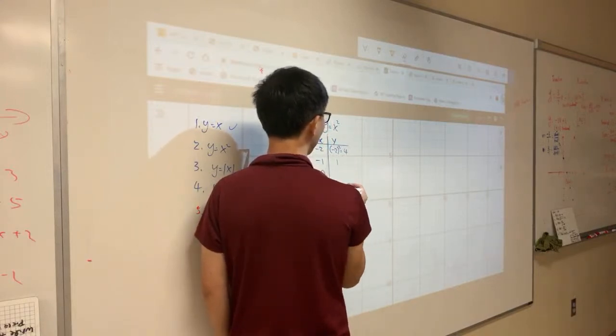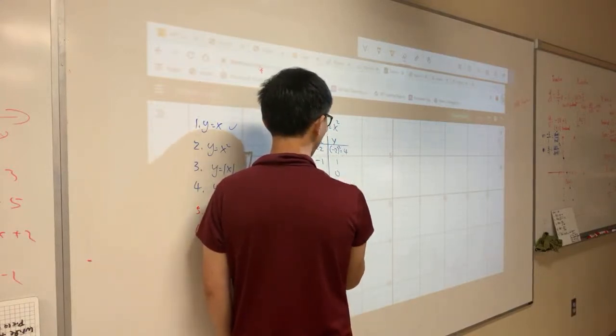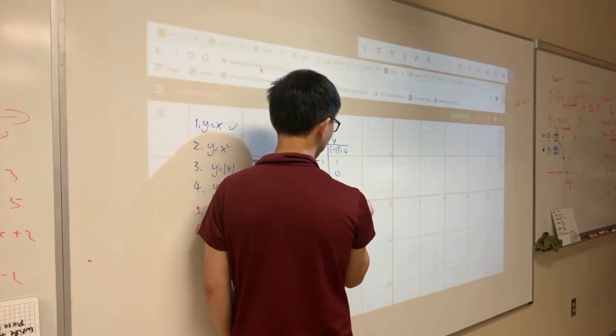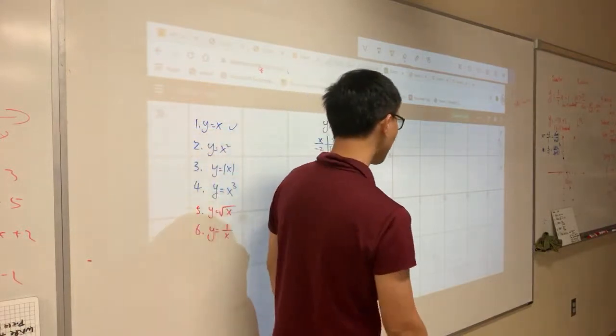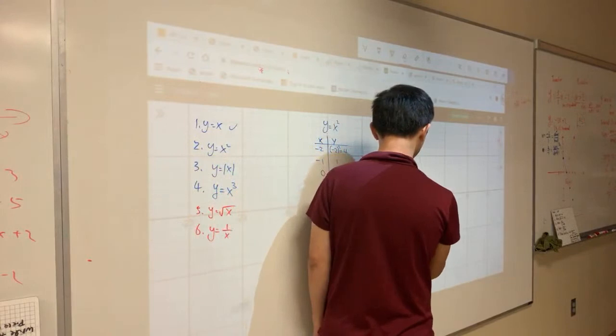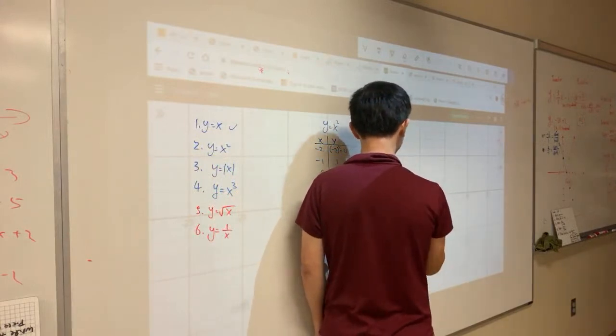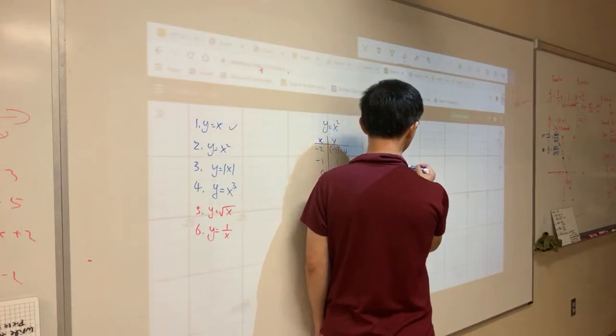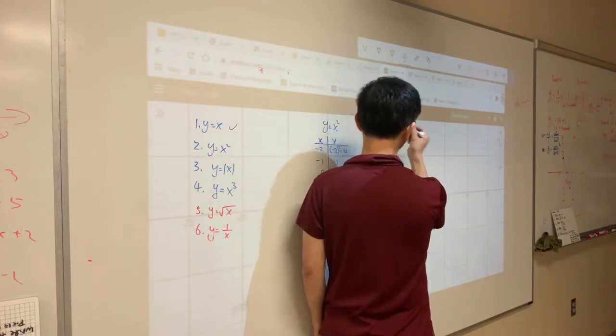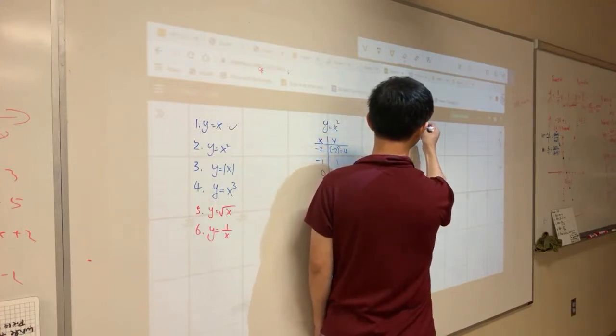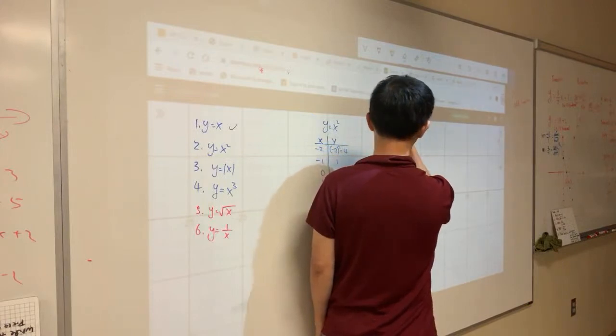If I plug in 0, plug in 1, 4, right? Now I'm going to plug in all the coordinates. So 0, 1, 1, so this is very standard. And even if I plug in 3, it's going to be 9, I think. Yeah. So 9 is right here.